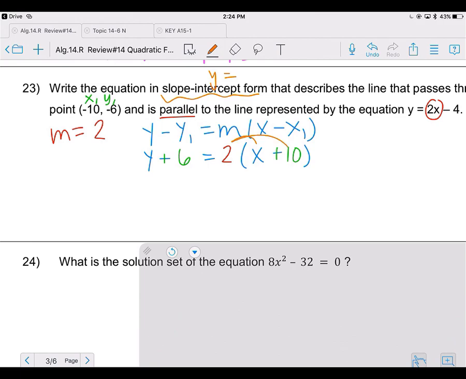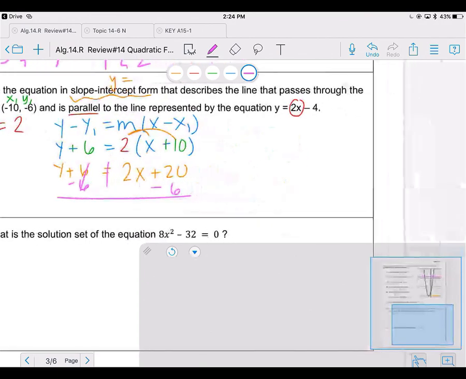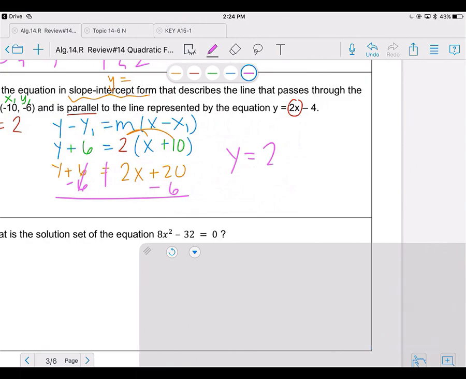So I get rid of my parentheses, 2 times x, 2 times 10. And then my final step is to move 6. Remember, you can only put numbers with numbers. So y equals 2x plus 14 would be my equation.